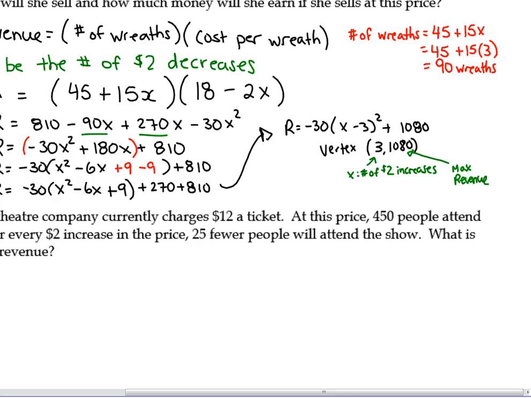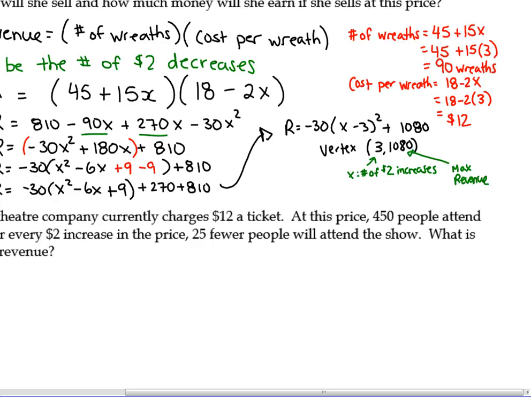I can ask you the cost per wreath. What formula did we come up with for the cost per wreath? 18 minus 2x. And so in this case, it would be 18 minus 2 times 3, which is $12. Okay?